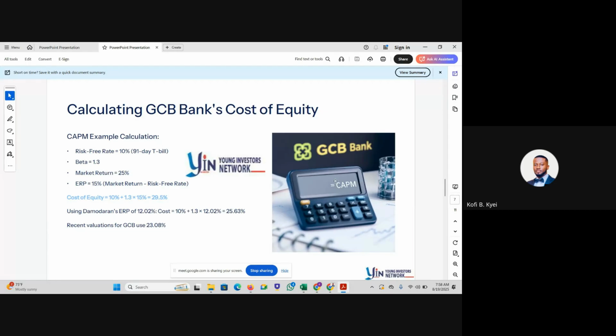Now I chose to do an example. Risk-free rate, beta, expected market return, the ERP is 15%. So when you compute the figures here, you get 25.63. But the valuation I did was 23.08.